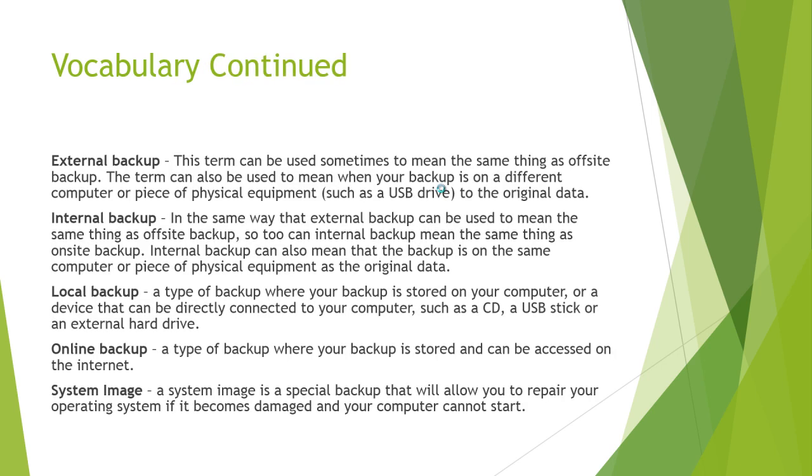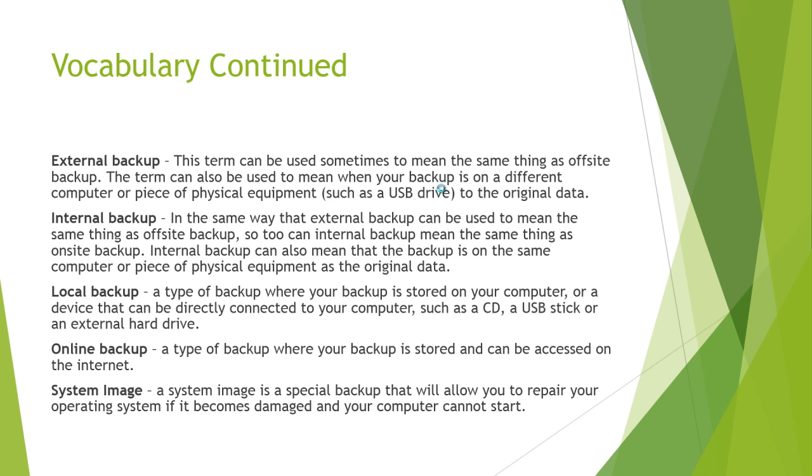Now, this is where it can get a bit confusing. You may think external backup and internal backup are the same thing as off-site and on-site, but it's slightly different. External backup can mean the same thing as off-site backup, but usually when you say external backup, you mean that your backup is on an external piece of equipment to where the original files are.